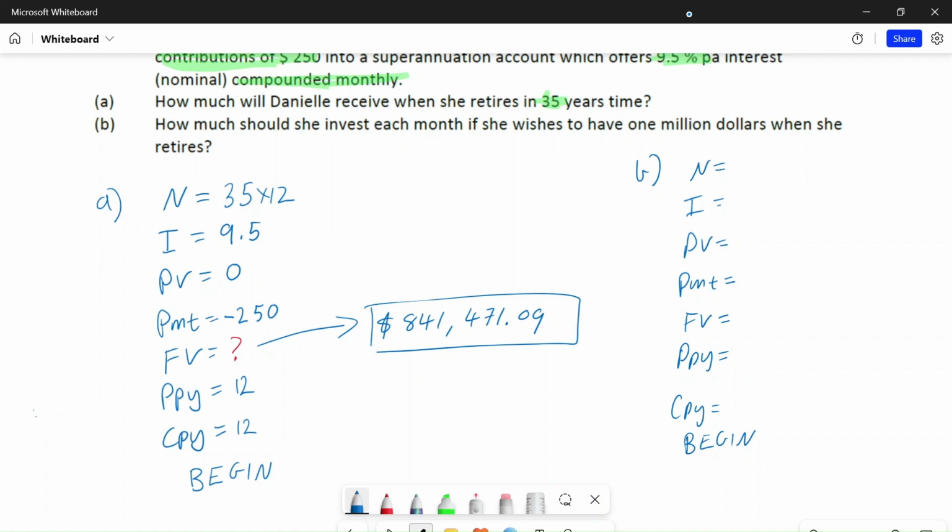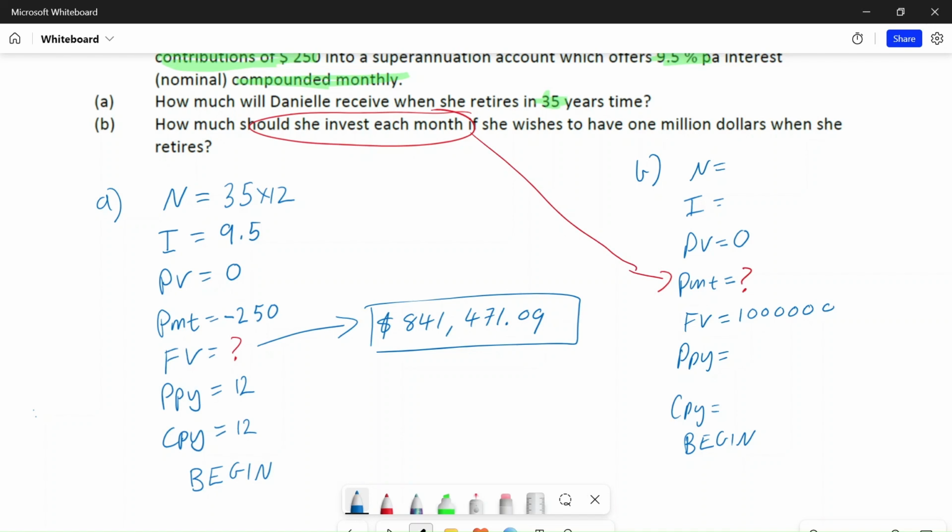So they're asking how much should she invest each month? Well, that's the payment, right? So we're trying to find the regular payment. She still starts with 0, but now at the end she wants to collect $1 million. So I'm going to put $1 million in the future value, and it's going to be a positive number because the money comes out of the bank at the end.